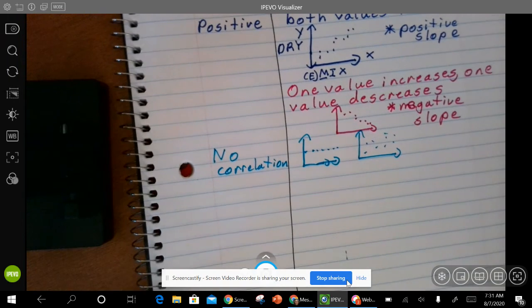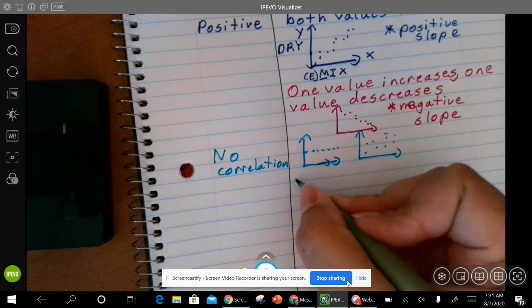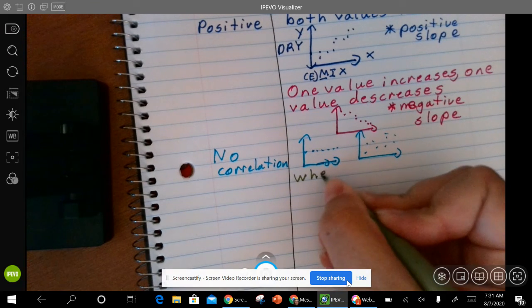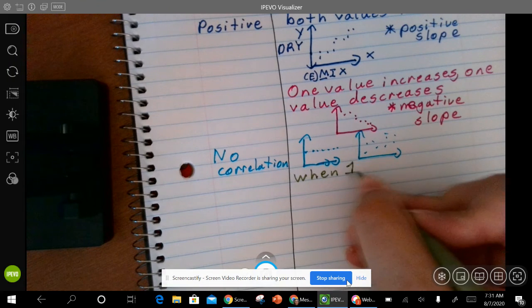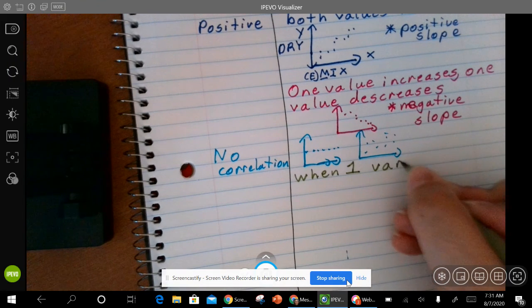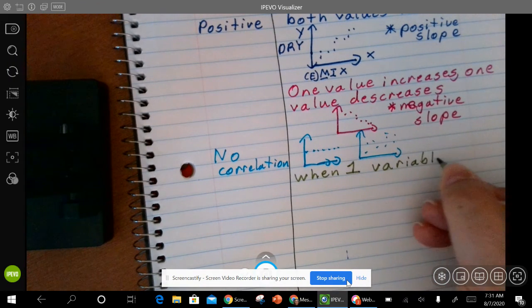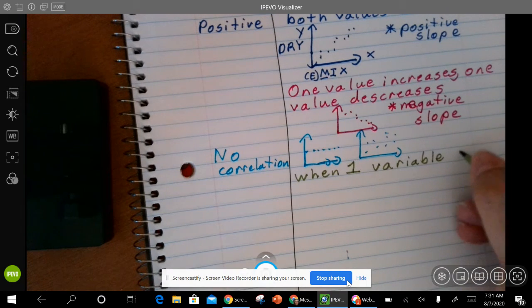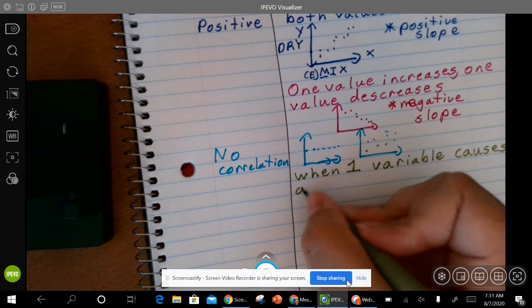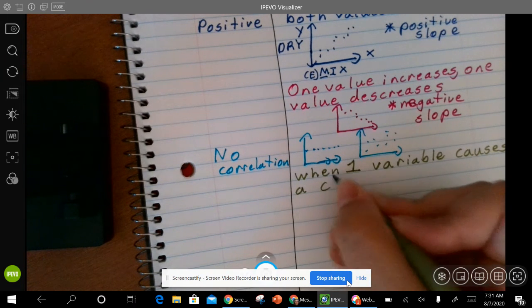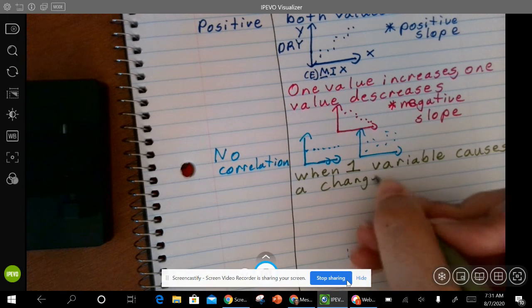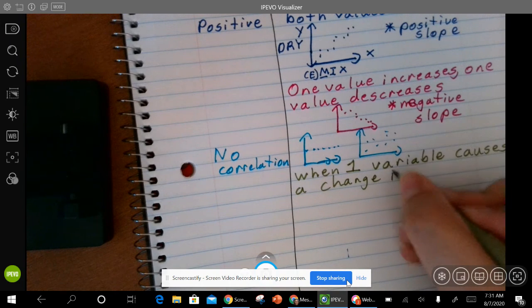Okay, so what is a causal relationship? So everybody, we're looking at these, okay? So what a causal relationship means is when the explanatory variable, or the independent variable, causes a change in another variable. So when one variable causes a change in another variable.